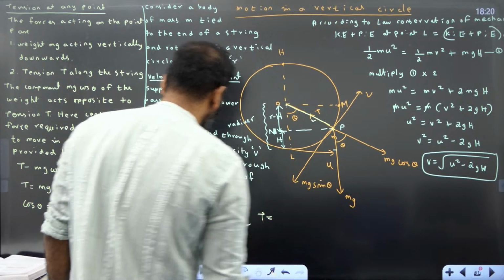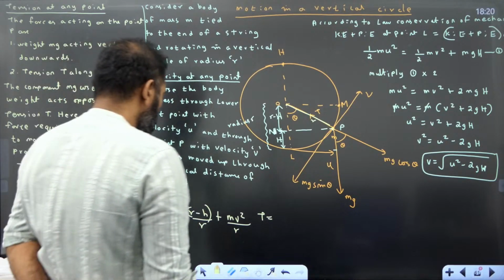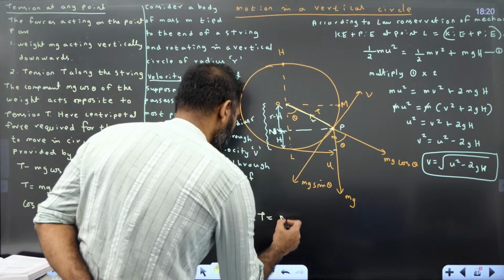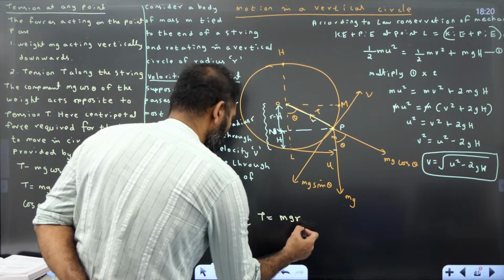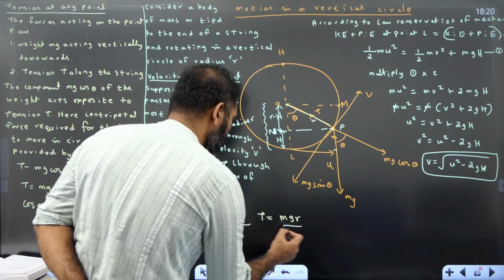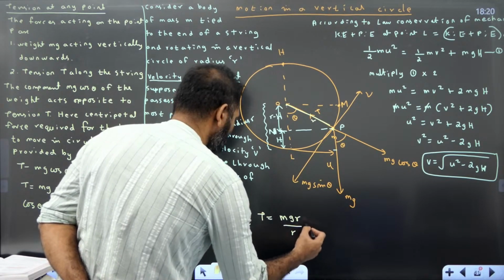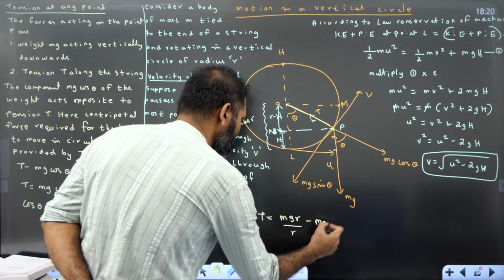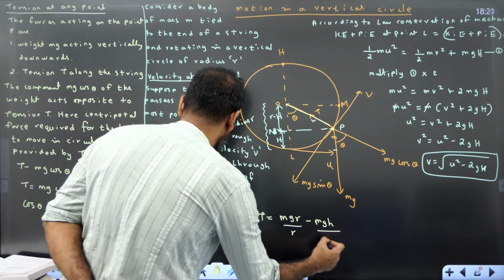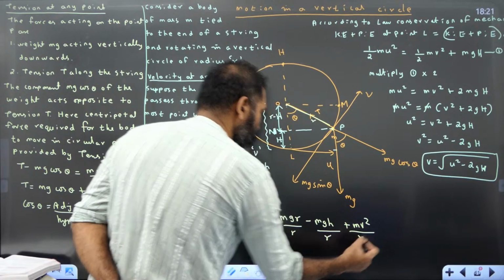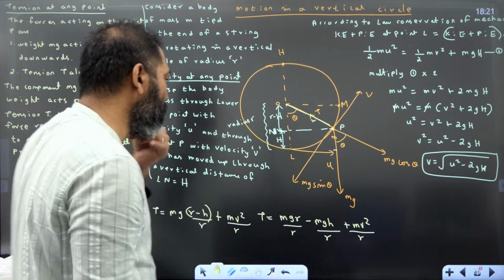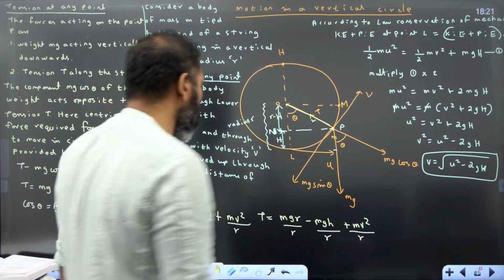What is the equation for tension T? It becomes mgr by r minus mgh by r plus mv square by r. Now, when you consider this equation, throughout we have m by r.